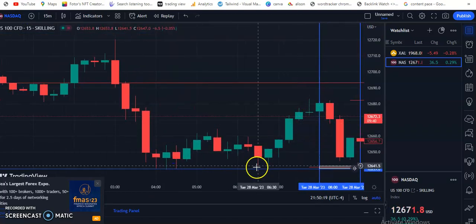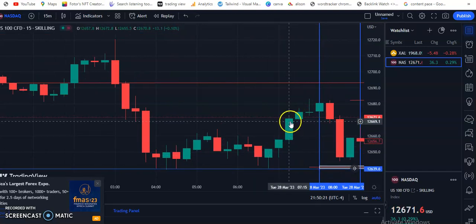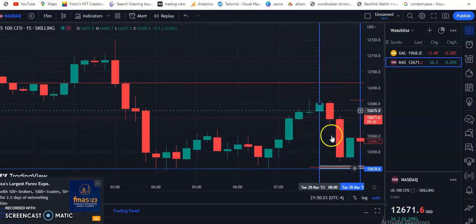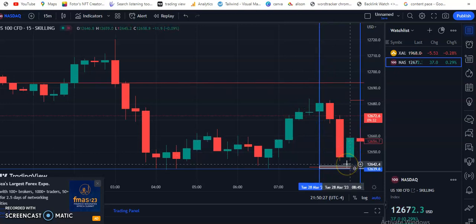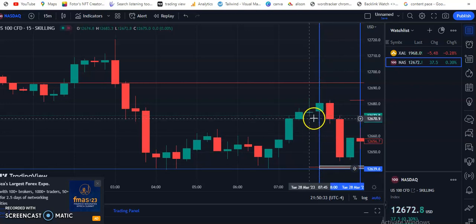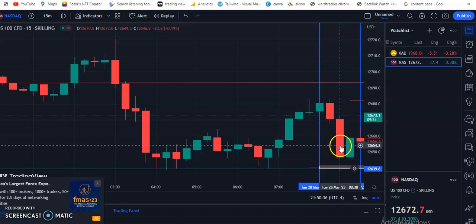The first hour broke up, tried to retest but failed, and then came back. So the first hour will obviously set the high and the low of the session, but they failed to break below the low of the day.